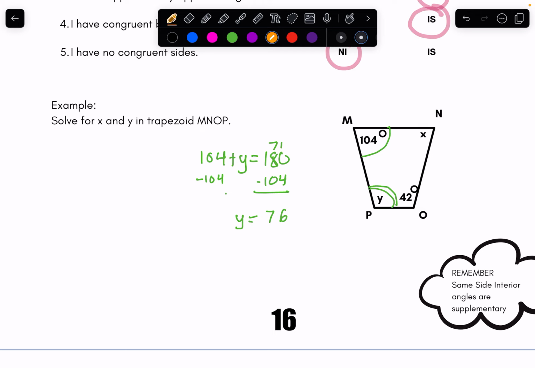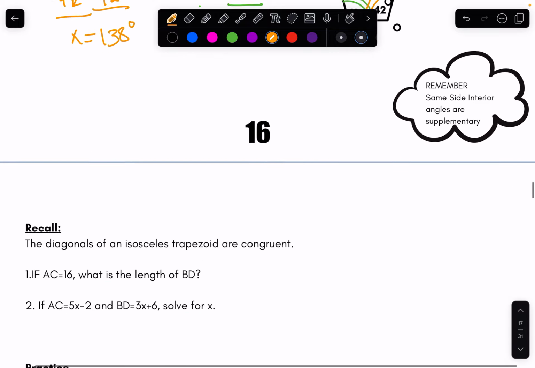And the same thing with x and 42. X is equal to 138 degrees. So this is a non-isosceles trapezoid because there are no congruent base angles.